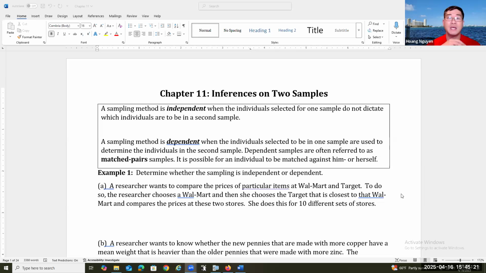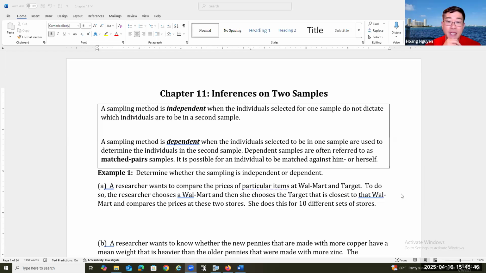A sampling method is independent when the individuals selected for one sample do not dictate which individuals are to be chosen in the second sample. Which means that after you select an individual in the first sample, you have no information about who's going to be selected in the second sample. They're not related. So that's independent.